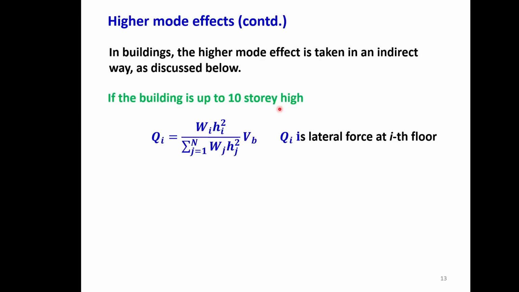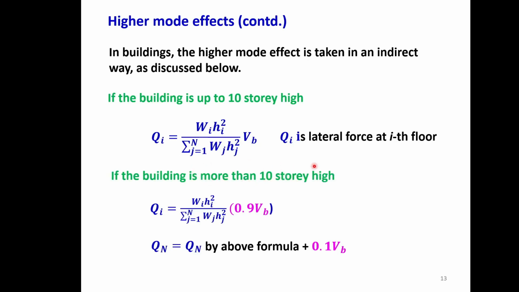Now if it is a 10-story building, the effect of higher modes may not be so high. But if it is more than 10 stories, then the higher mode effects will be considerable, and we apply a process here which has of course been established through research. We distribute only 90% of the base shear first. So 90% of the base shear is distributed as per the distribution formula of the relevant codes, and 10% of the base shear is left out.